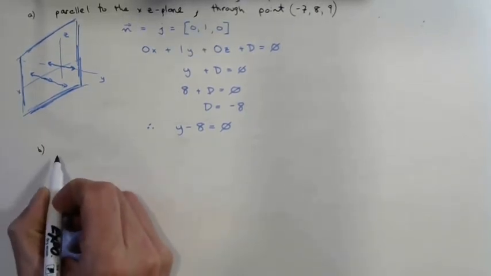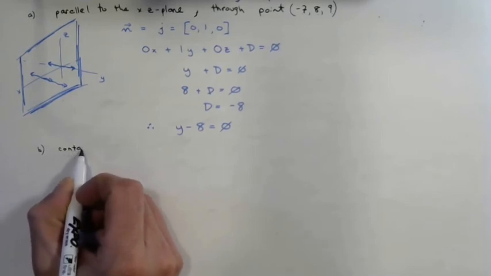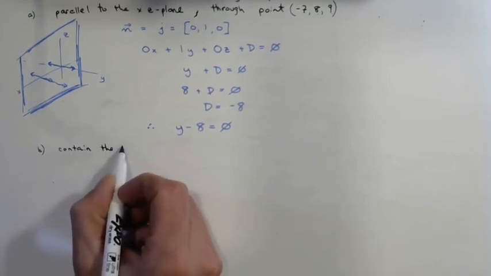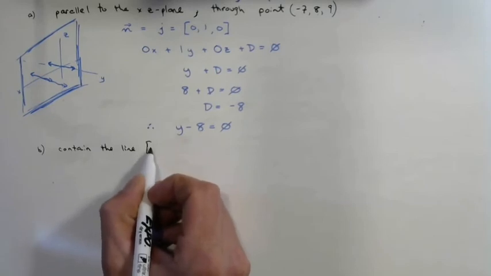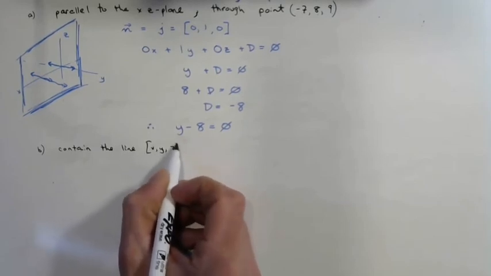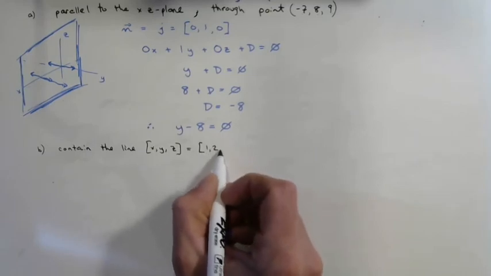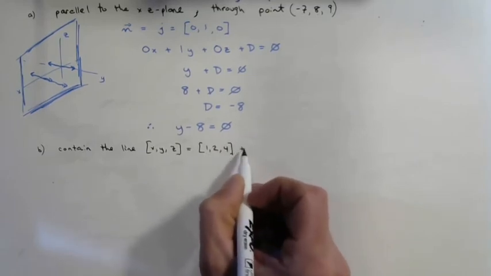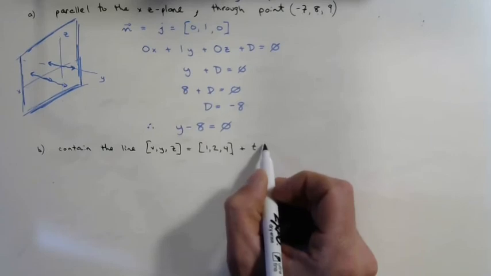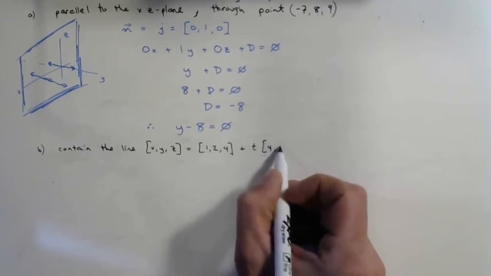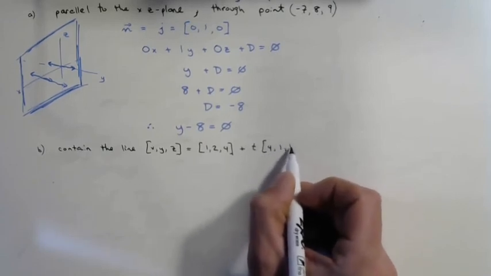In B, it's going to contain the line (x, y, z) equals (1, 2, 4) plus some multiple of our direction vector (1, 1, 1).